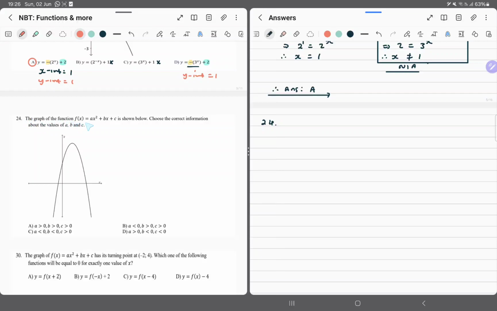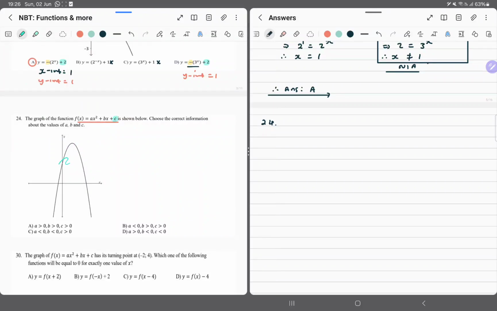The graph of the function f equals ax squared plus bx plus c, shown below. Choose the correct information about the values of a, b, and c. Okay, c is literally the y-intercept.